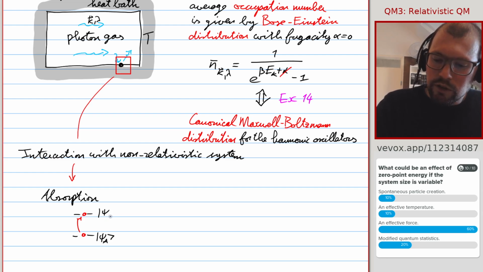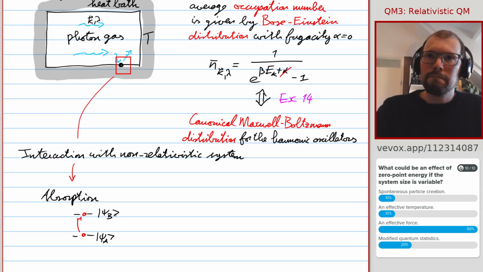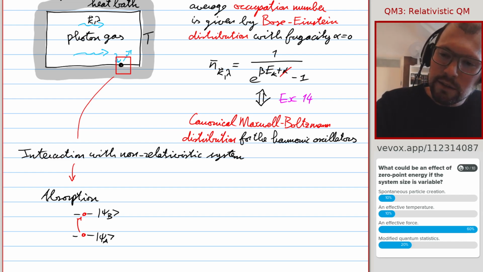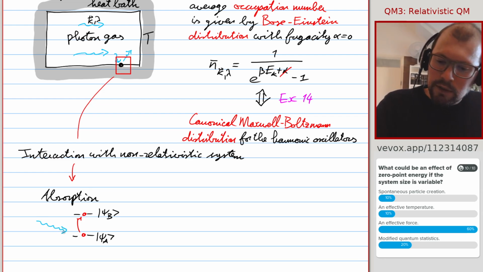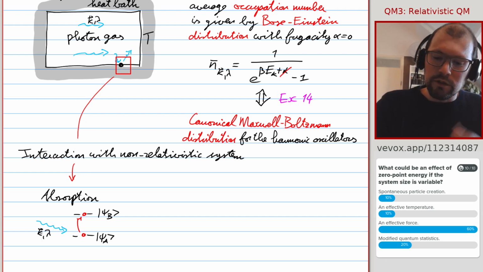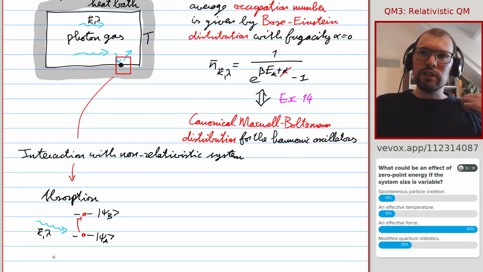Let's call the corresponding states psi A and psi B. And when a photon comes in, the electron jumps from one level to the other. So suppose this is a photon with a wave vector k, polarization lambda.